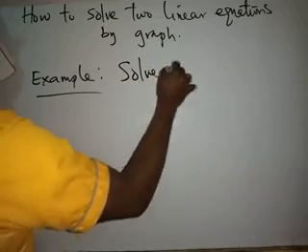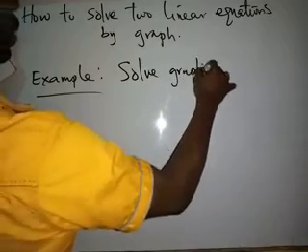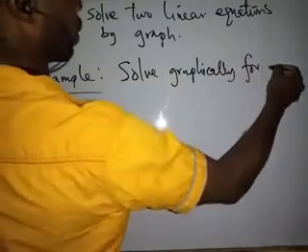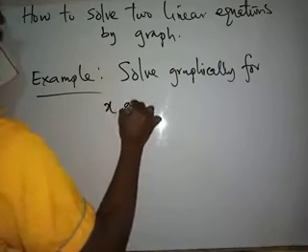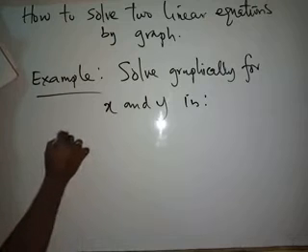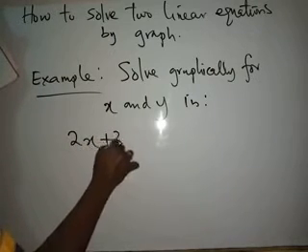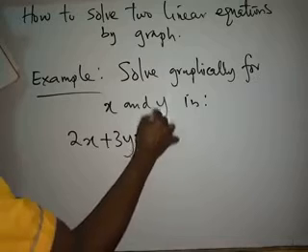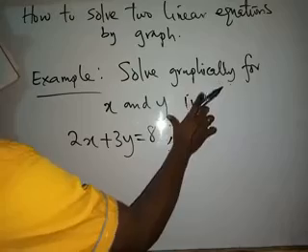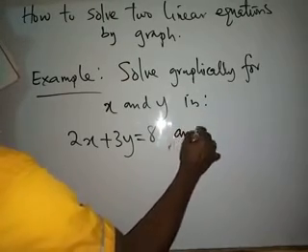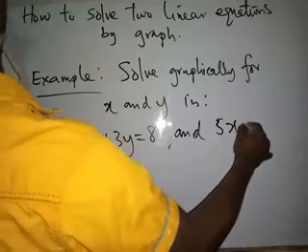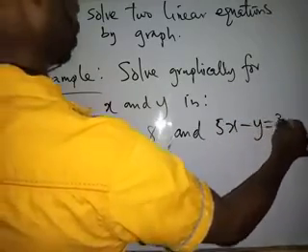Solve graphically for x and y in 2x + 3y = 8 and 5x - y = 3.